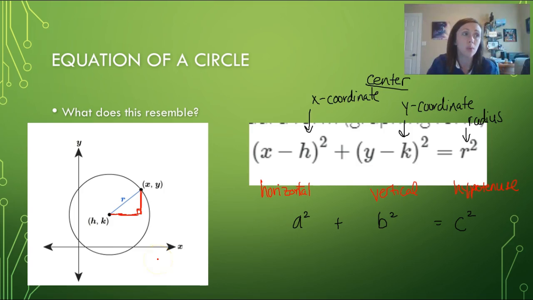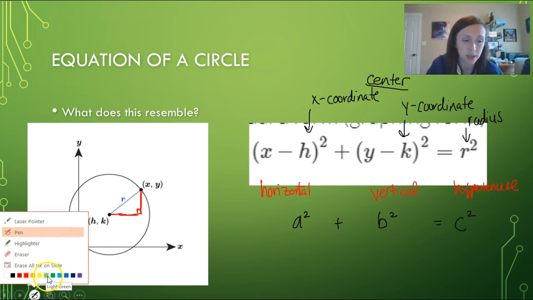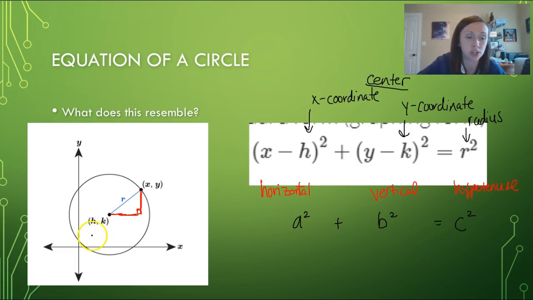So now, let's give some values in this question. Let's say that the center, instead of being (h, k), is (2, 3). And let's say that the radius is 4. So all you have to do is plug the values into the equation. Open your parenthesis, x minus, always put that minus there.